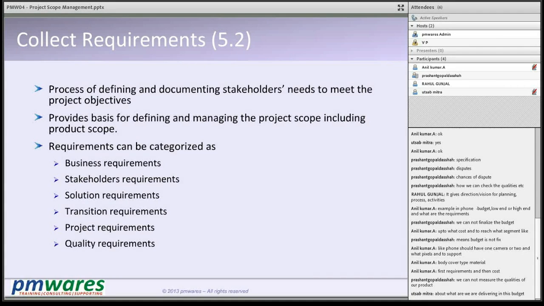In a smaller project, these processes will overlap. Maybe collect requirements and define scope appear to be one action or one process in a very small project. Maybe collect requirements, defining scope, creating work breakdown structure, all this will come out to be one process in a small project. So for a better understanding, PMBOK defines it very discretely. In actual, they may not be so distinguished.